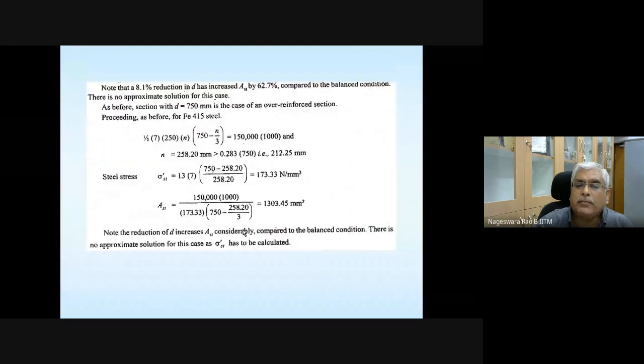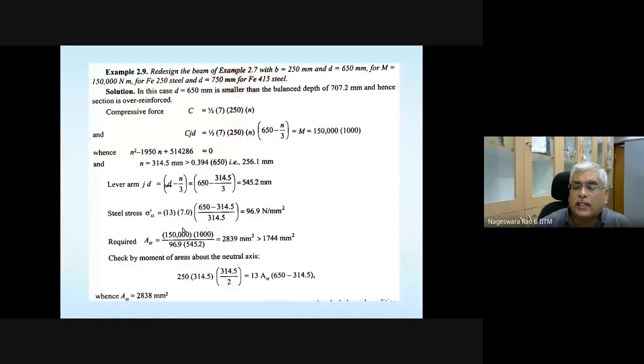Because the same beam we designed as an over reinforced section. The amount of steel for B equal to 250, D equal to 650, to resist a moment of 150,000 Newton meter for the over reinforced section, is this much tensile steel.